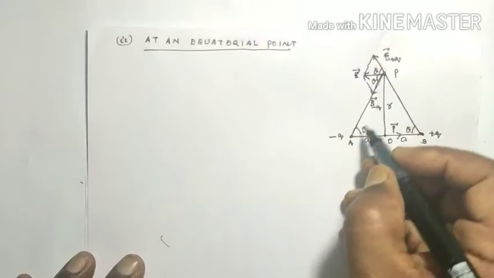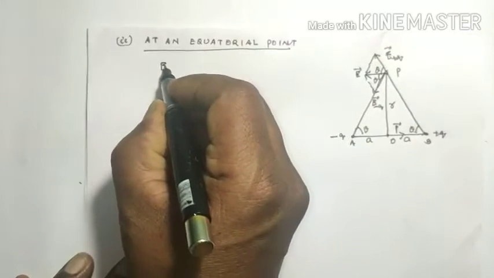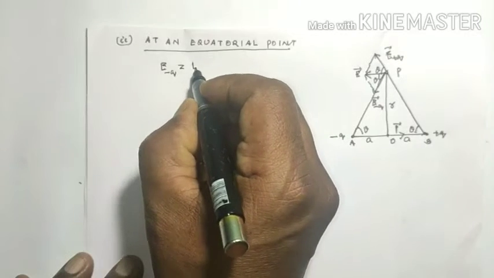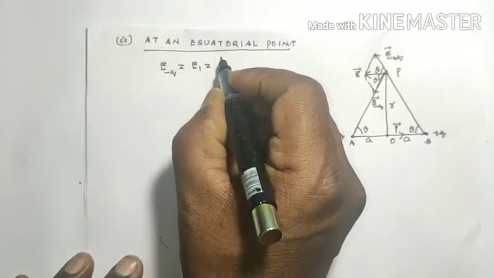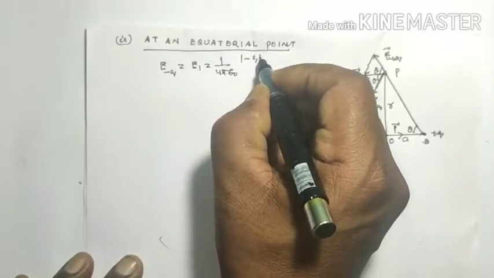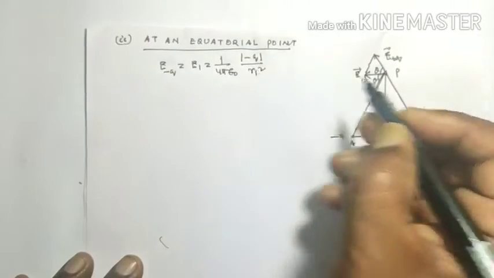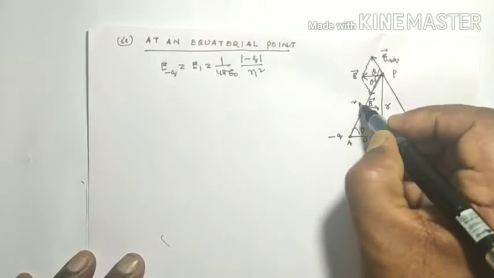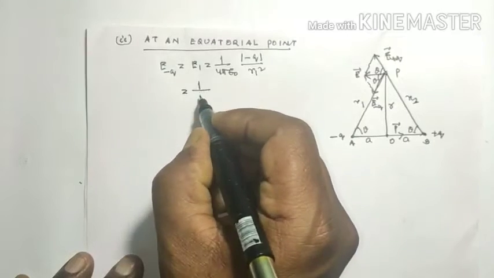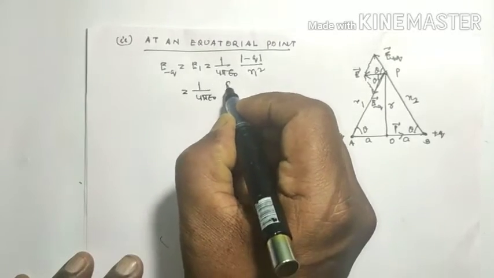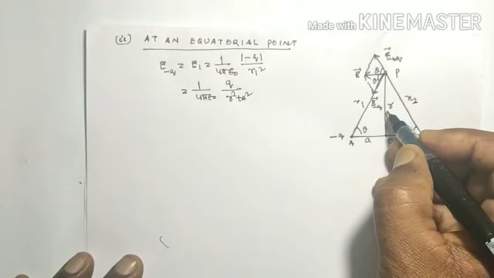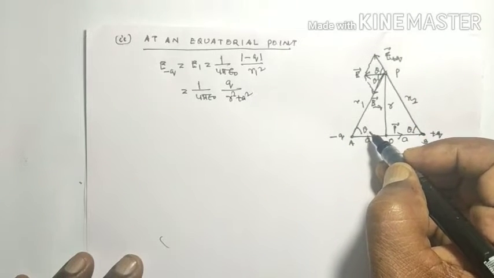So electric field at P due to charge minus Q is E minus Q, that is equal to E1, and it is equal to 1 by 4 pi epsilon 0 mod of minus Q divided by r1 square. AP is r1 and BP is r2. This is equal to 1 by 4 pi epsilon 0 Q by r square plus a square, since r1 square is r square plus a square.